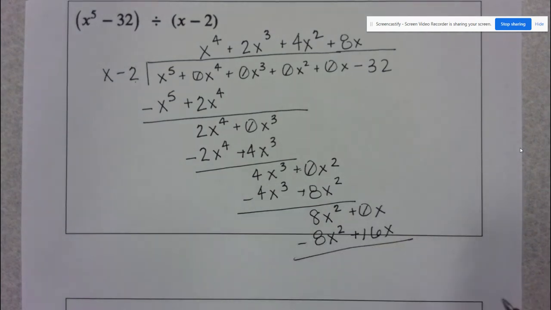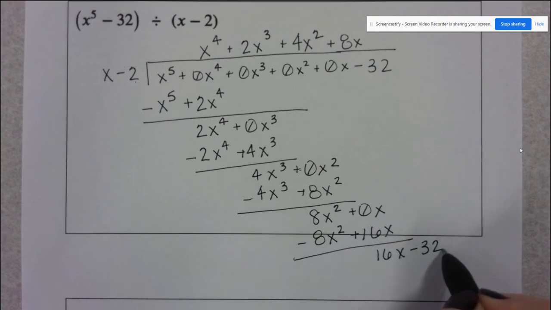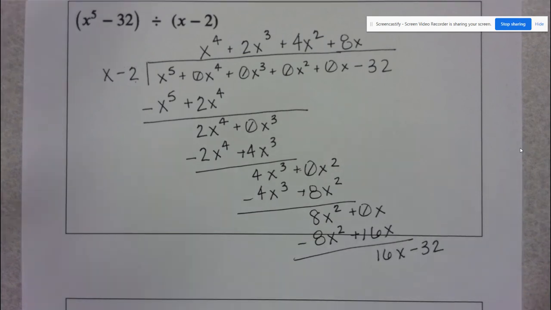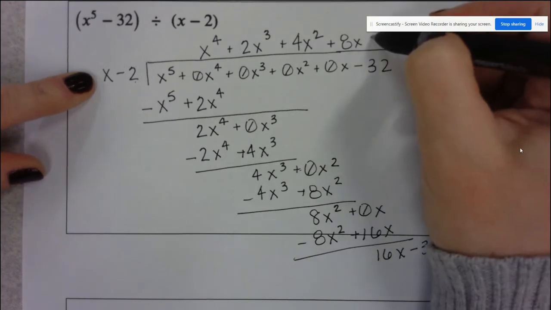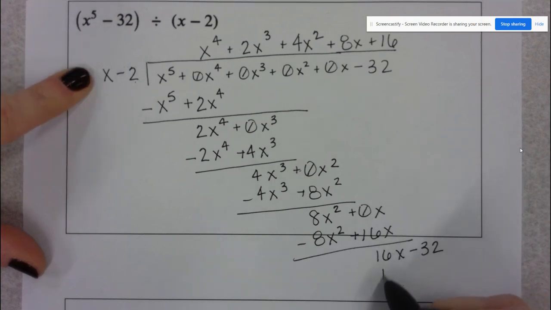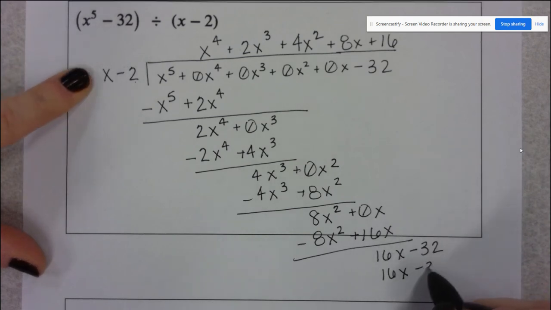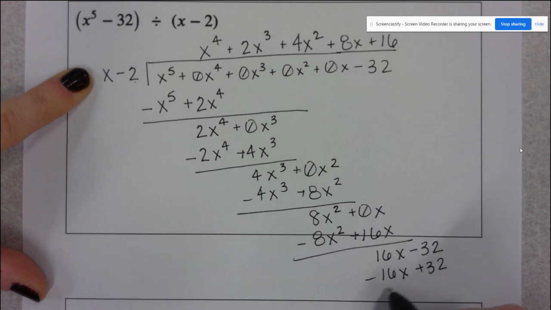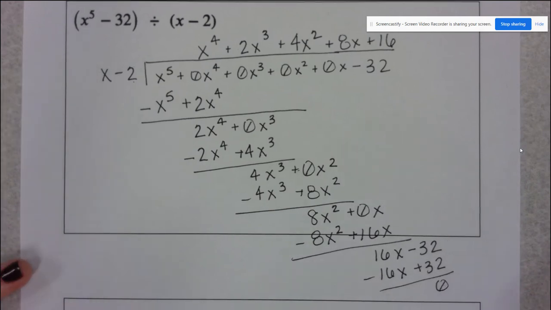Doing the opposite here, 16x minus 32. In order to get that, I need to multiply by 16. So multiplying here, I've got 16x minus 32. Doing the opposite gives me a remainder of 0.